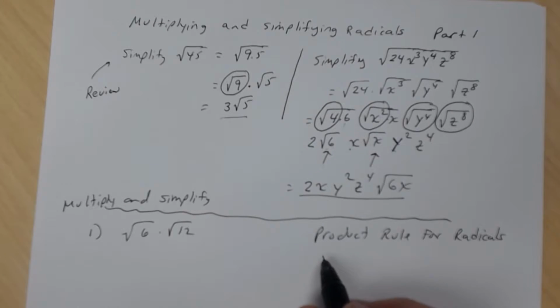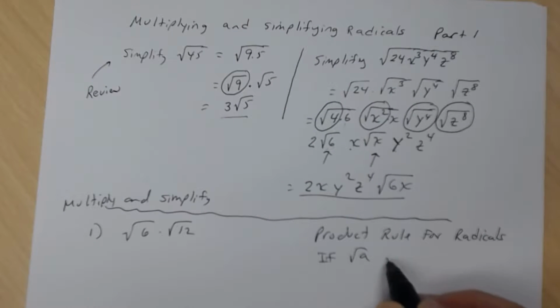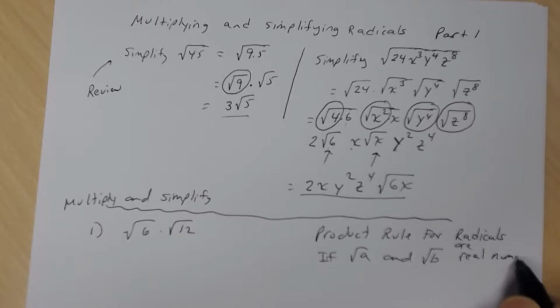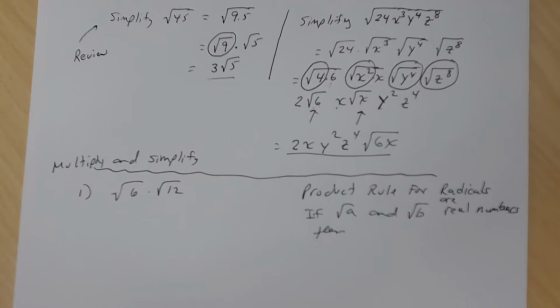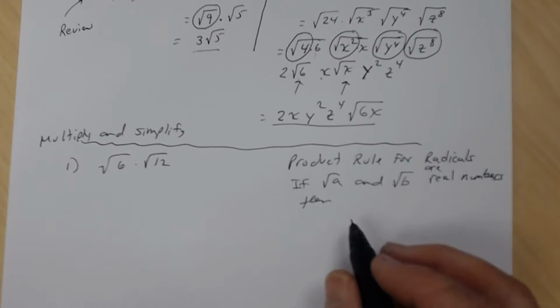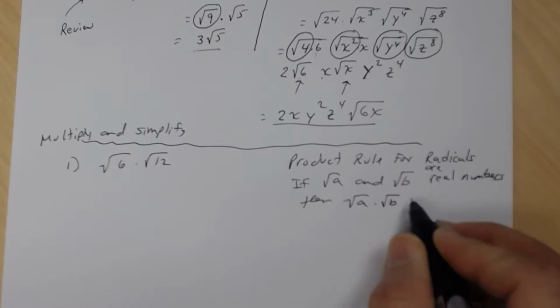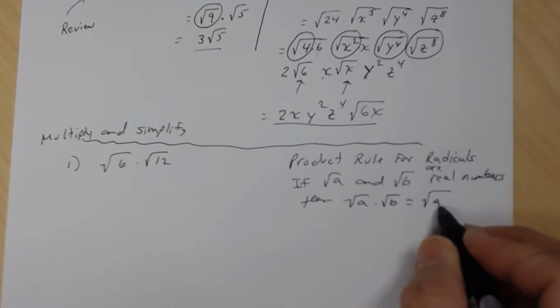So now you have to assume that if you have the square root of a and the square root of b, and those are real numbers, then I can say that the square root of a times the square root of b will equal the square root of ab.